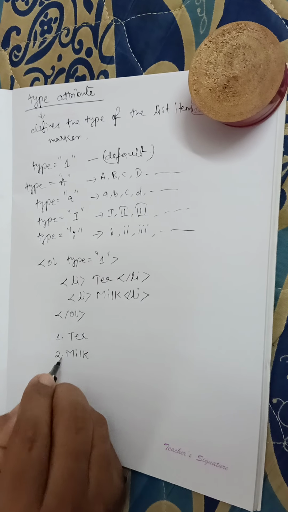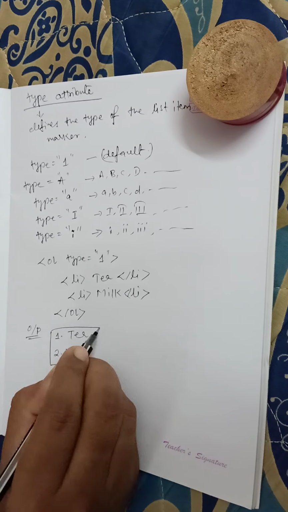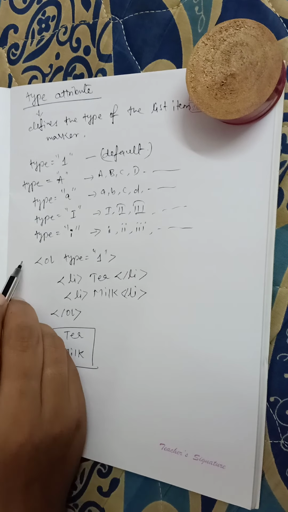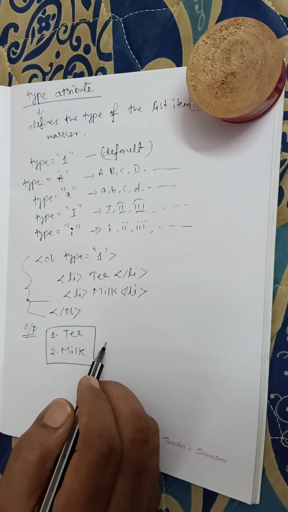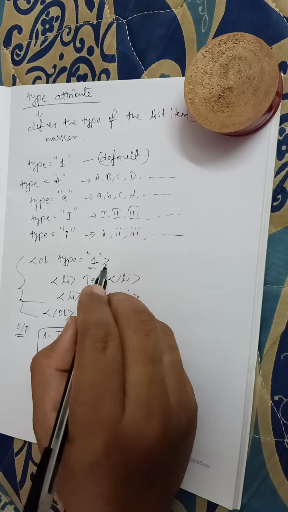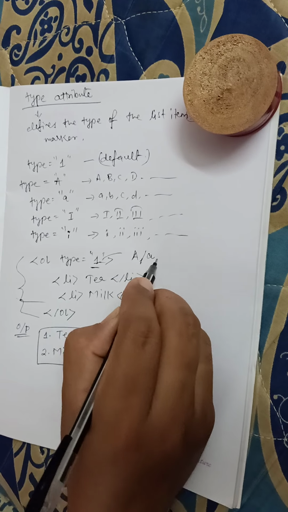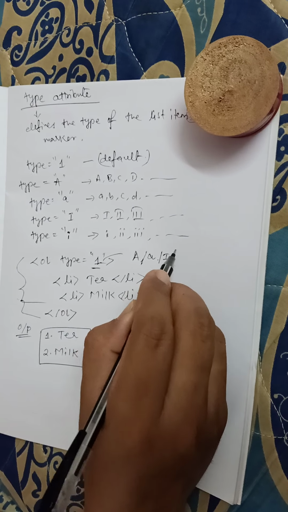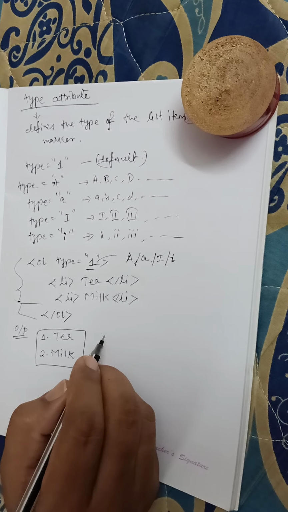This is 1 2. So this is my output and this one is my code. Now instead of writing 1 here, I can mention here A or small a or capital Roman number or small Roman number.